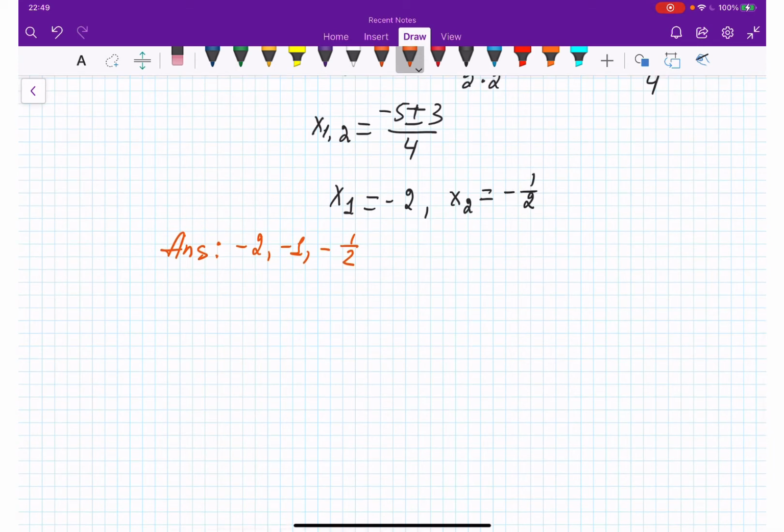Now, next I would also like to show you how to solve degree 4. When you have degree 4, this is going to be ax to the 4 plus bx cubed plus cx squared plus bx plus a. This is going to be a template, so I better move it to the middle.